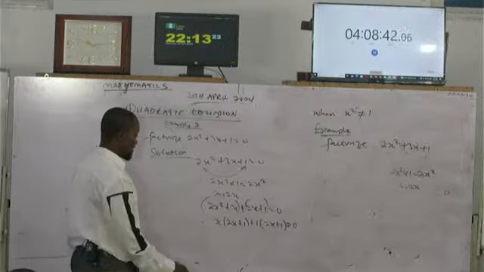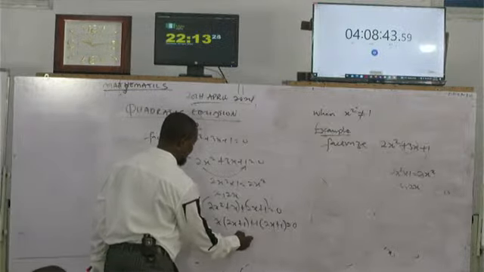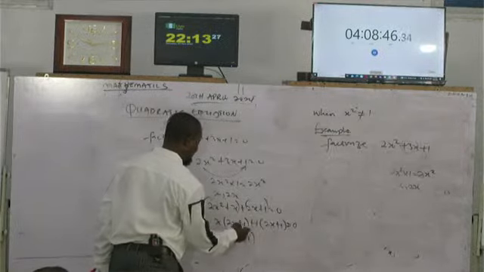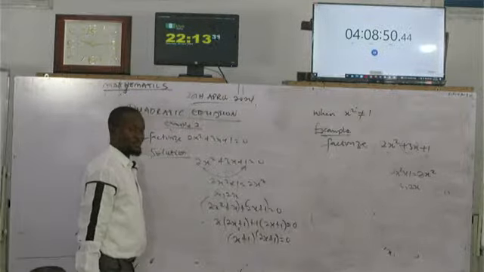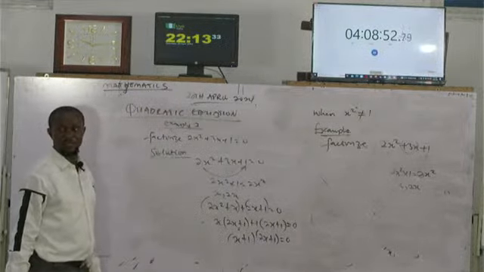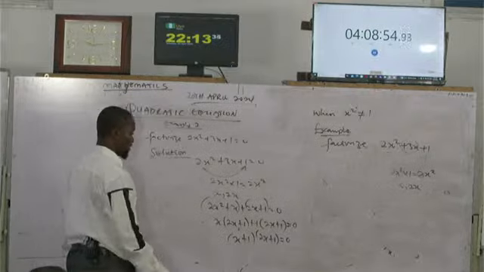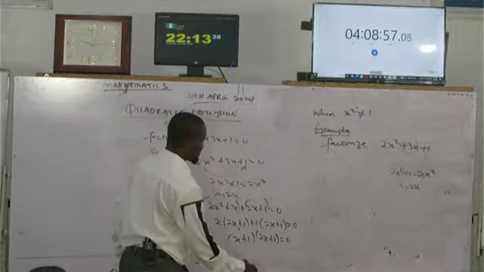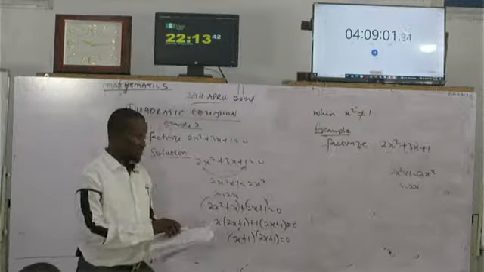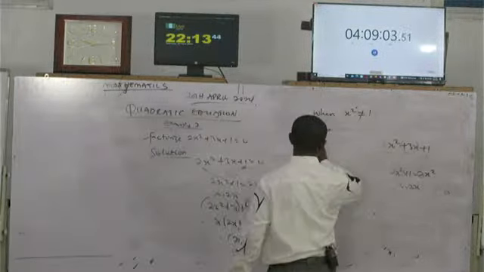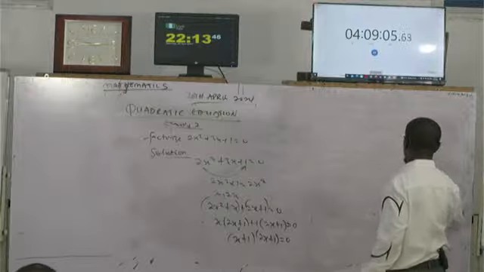So therefore you add this with this, x plus 1, and out of this you take 1, equals 0. Abi? So at that point we can equate the two to 0 in order to get the corresponding value of what we are looking for.